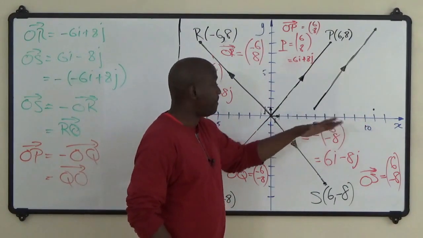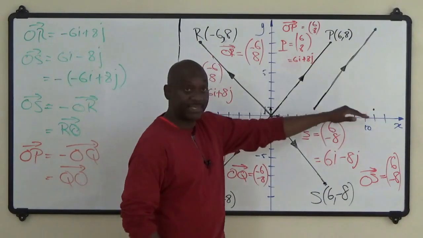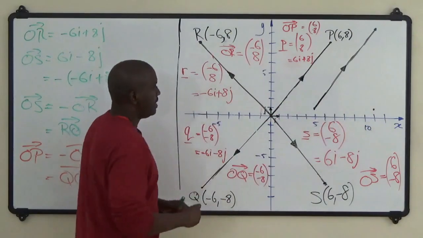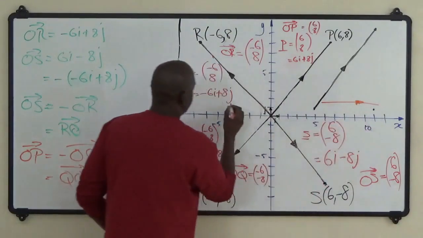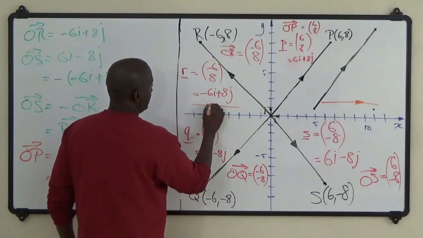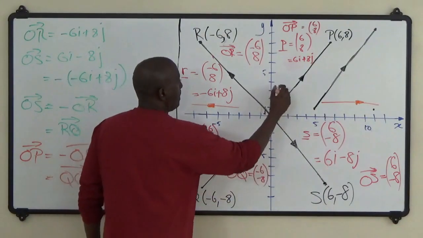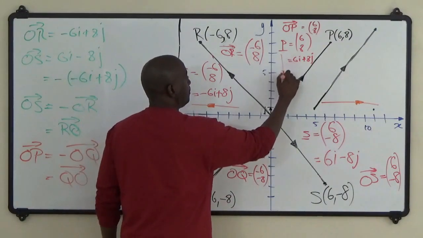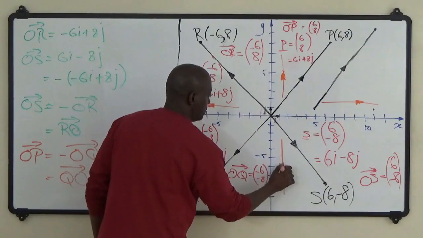In other words, if you have a horizontal vector, it means that that vector will be parallel to the x-axis. If it is moving in this direction, it will be opposite to a vector moving in this direction. Right? Same thing with the vertical. If you're moving up, it will be opposite to a vector moving down.